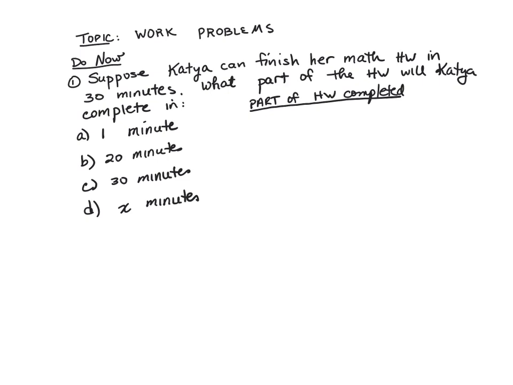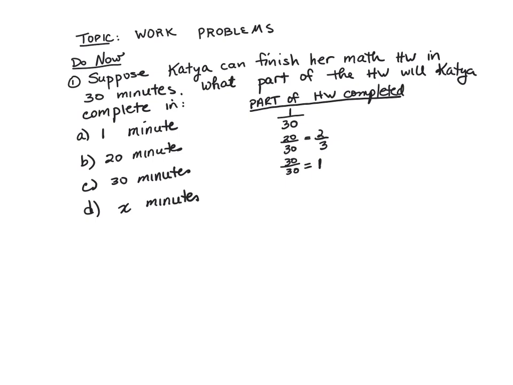Okay, so after 1 minute, Katya would have completed 1/30 of her homework. After 20 minutes, Katya would have completed 20/30 or 2/3 of her homework. After 30 minutes, Katya will have completed her homework, but as a fraction, we express that as 30/30, which is 1.